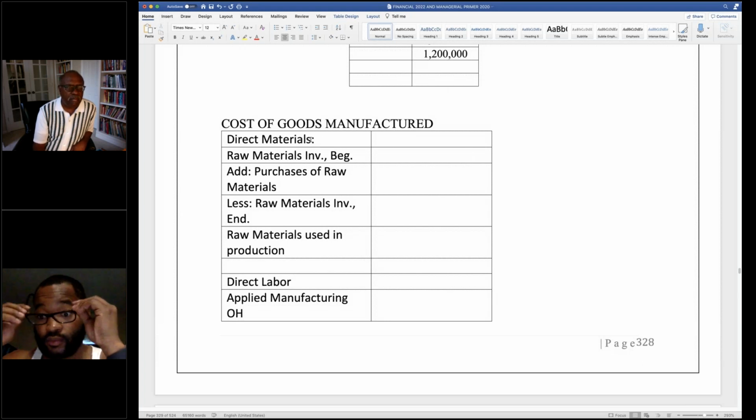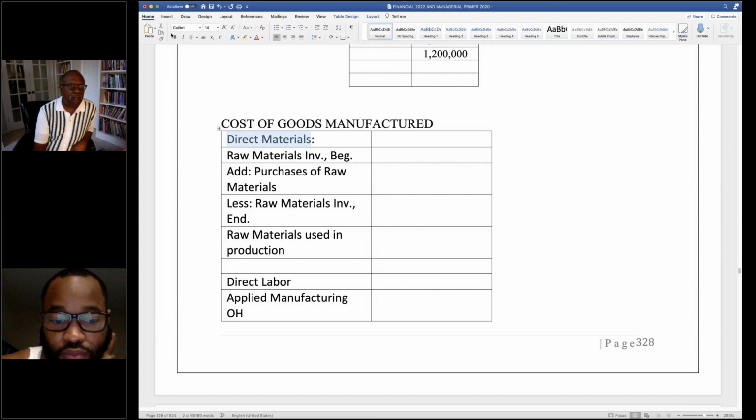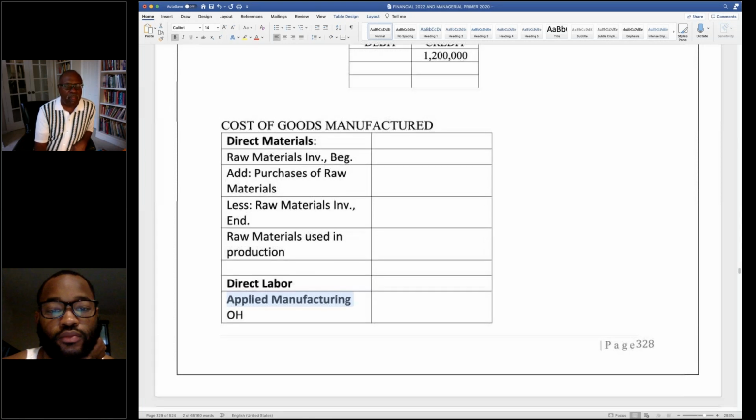There are going to be three components of the statement: direct materials or raw materials, direct labor, and the applied overhead, not the actual, but the applied. Okay?